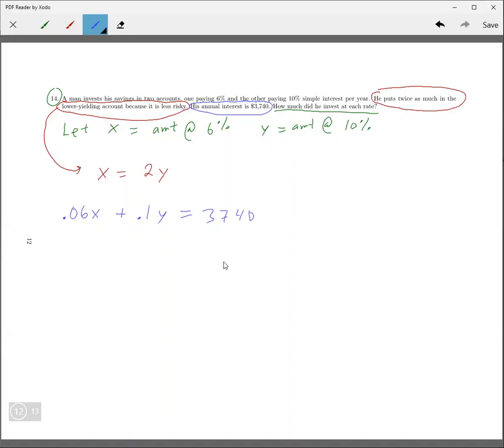Now, let's get rid of these decimals. Also this looks like a substitution problem because really this can just go right into here. In fact, let's just do that. Let's just put the 2y into here.